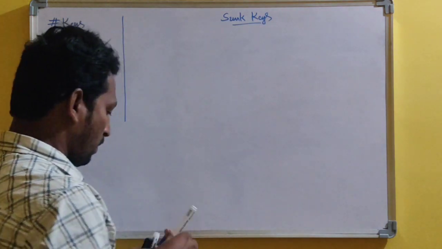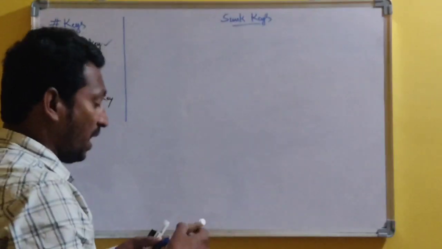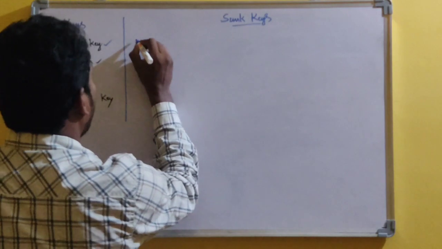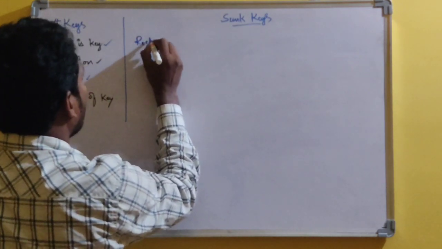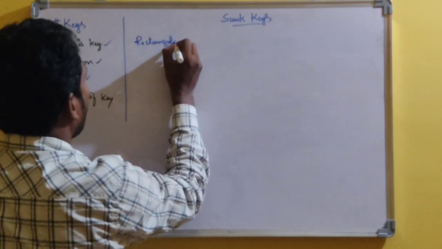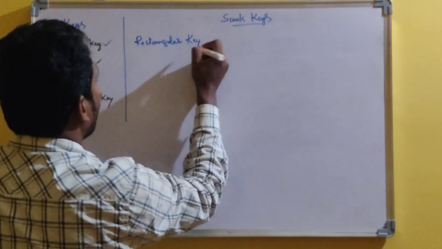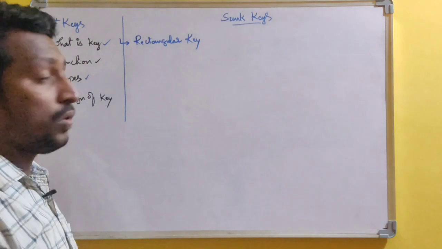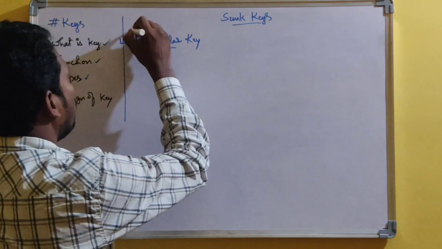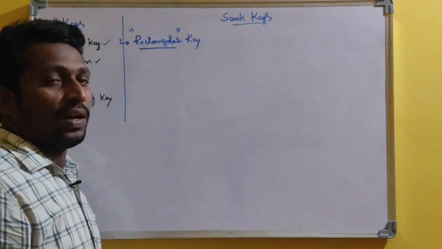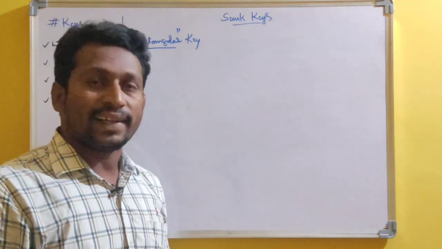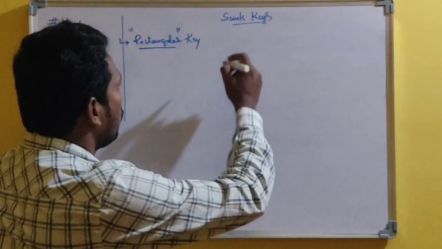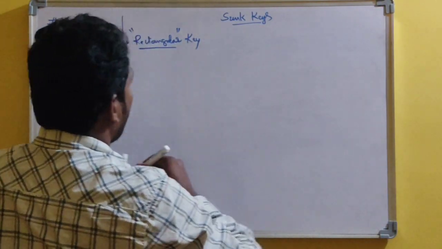In the sunk keys, again we have various types. The first one is the rectangular key. As the name indicates, the cross section of the key will be rectangular in nature. Here I will show you a clear diagram.